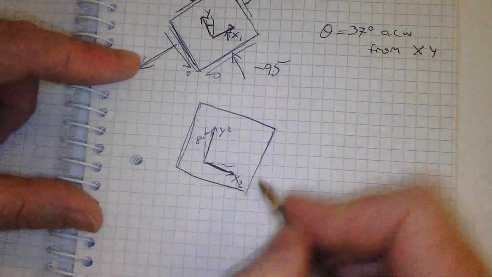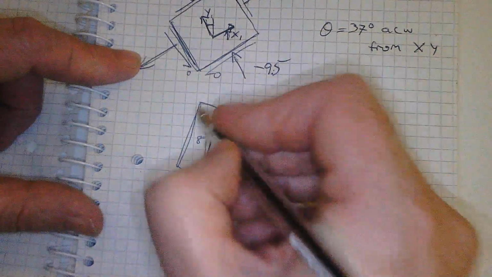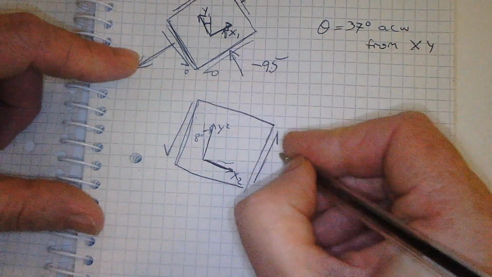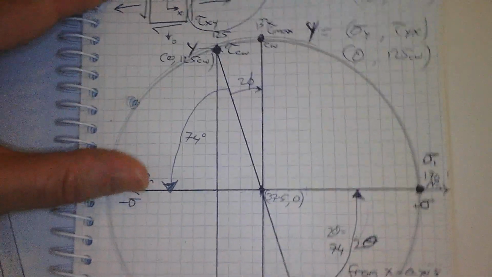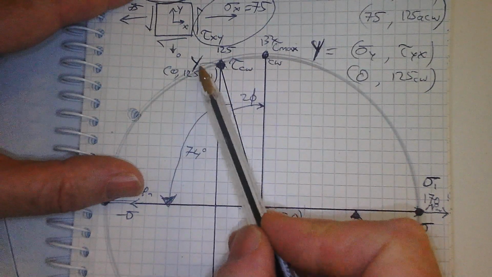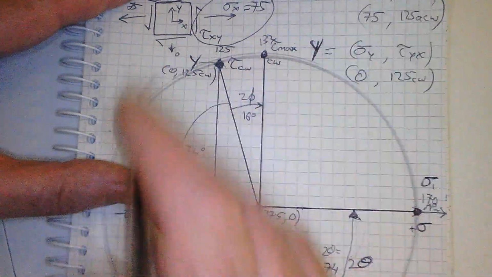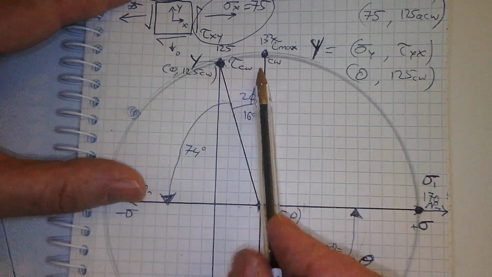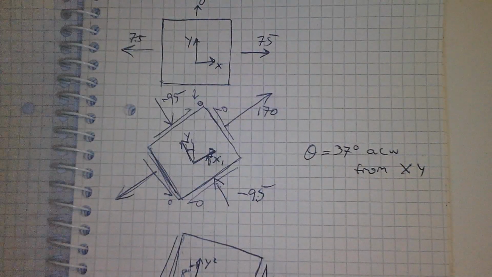Here on our new X side, we have an anti-clockwise shear of 132. And 8 degrees clockwise from our original Y, we have 132 of clockwise shear.